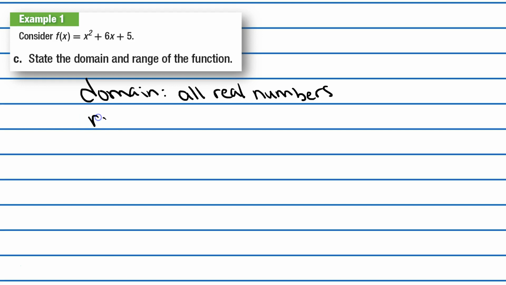Our range is going to be a little different. We found our minimum value to be negative 4, and that's going to help us determine our range. So our y, because range is y, must be greater than or equal to negative 4. And there we go.